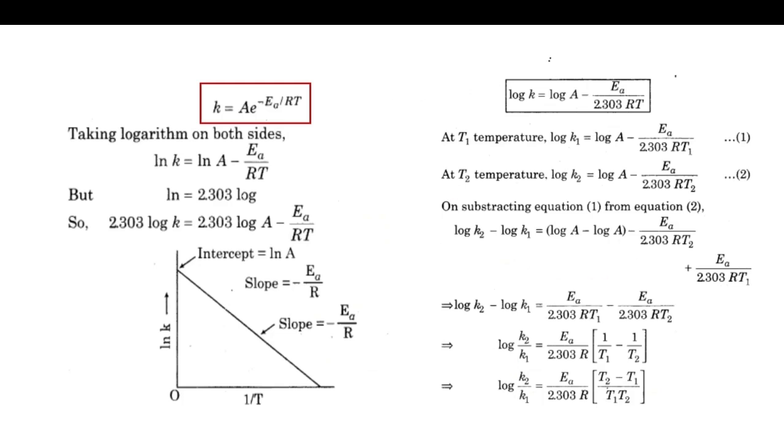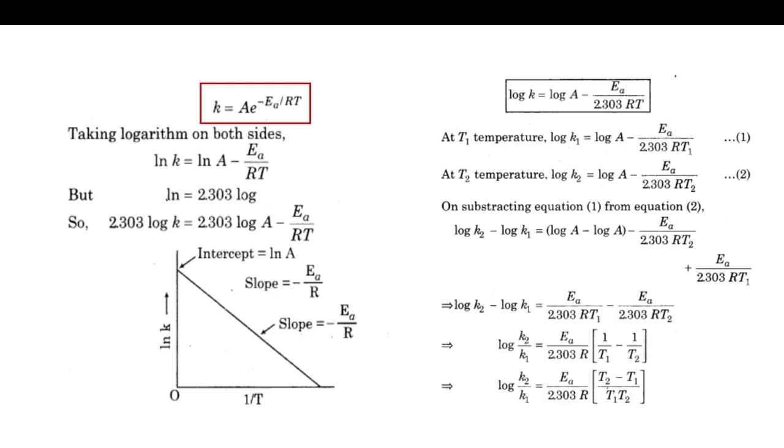Now this is the Arrhenius equation that we have. If we take logarithm on both sides, it comes as ln k equal to ln A minus Ea by RT. This is just a mathematical trick we are doing here: we are taking a logarithm on both sides. We know that in ln the base is e, but in log the base is 10.